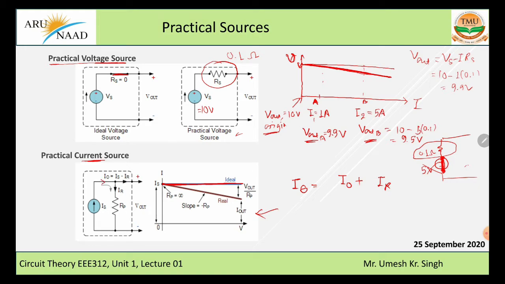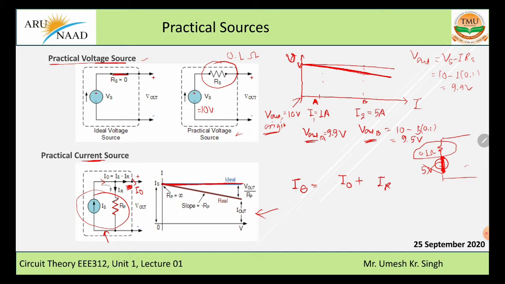Applying KCL at this point, I output is the current flowing to the load, and IR is the current flowing through this resistance. This is the complete representation. When we represent a practical current source, we connect a resistance in parallel to the current source, and in a voltage source, a small value of resistance is connected in series. So this point should also be noted.